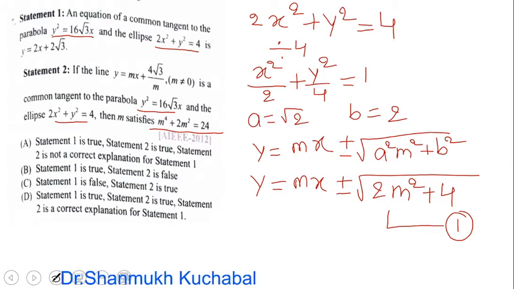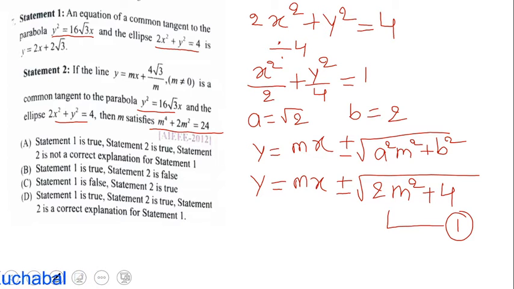So looking at this, we will observe that statement 1 is true, as well as statement 2 is also true. Then options A and D become the same. Further we have to investigate this one. Analyzing this, we observe that statement 2 is a correct explanation for statement 1, because we have derived the relation m raised to 4 plus 2m square equal to 24.